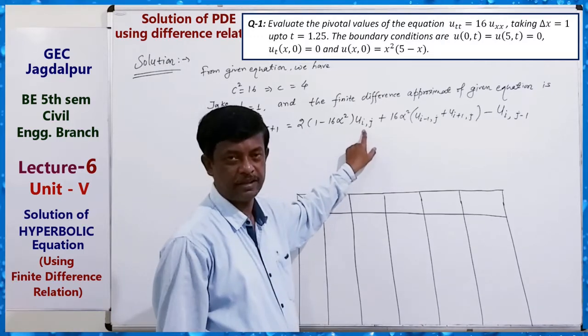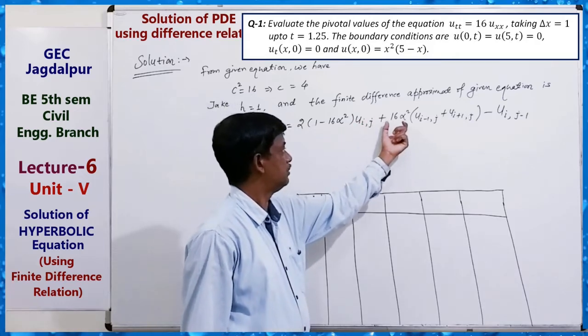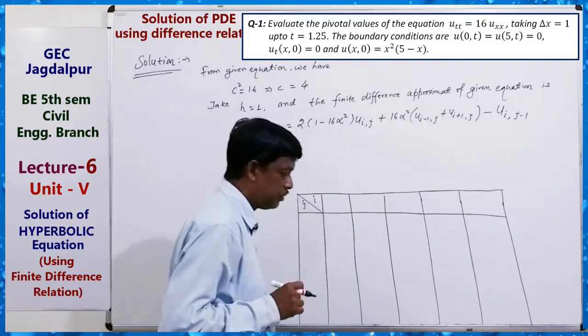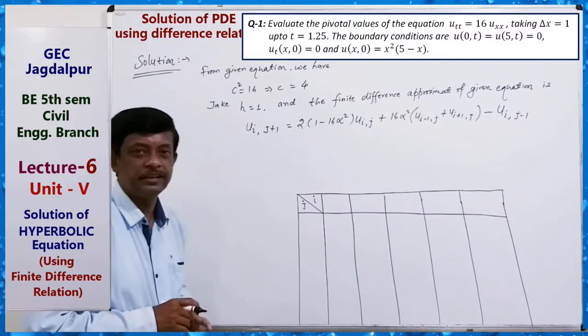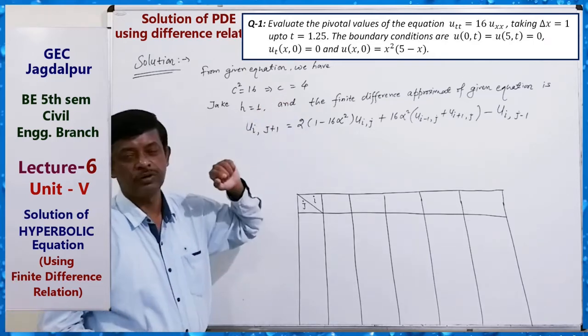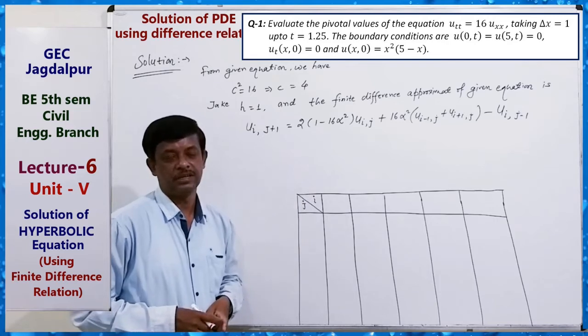In this formula, take 16 alpha squared equals 1. Because here h and c are known, and we also know alpha equals k by h.